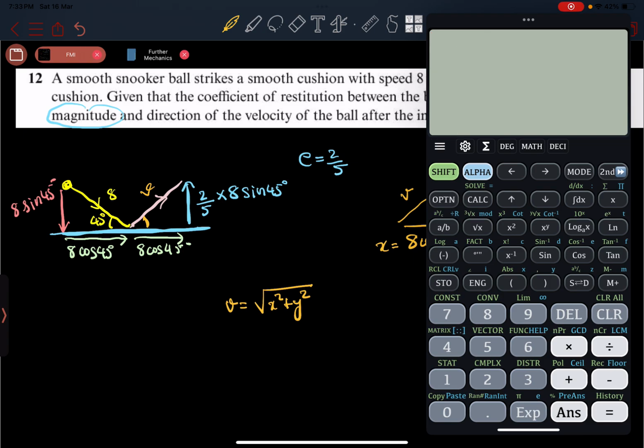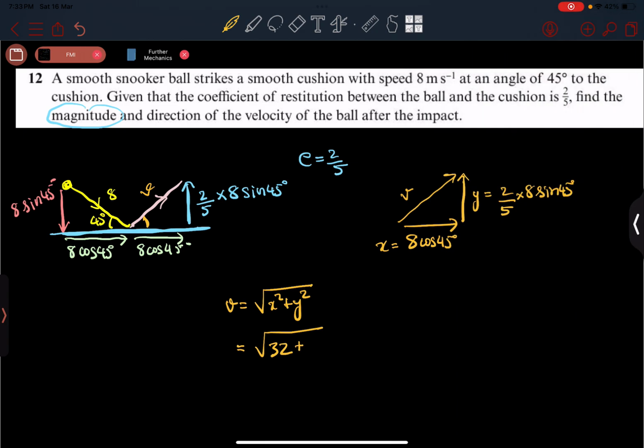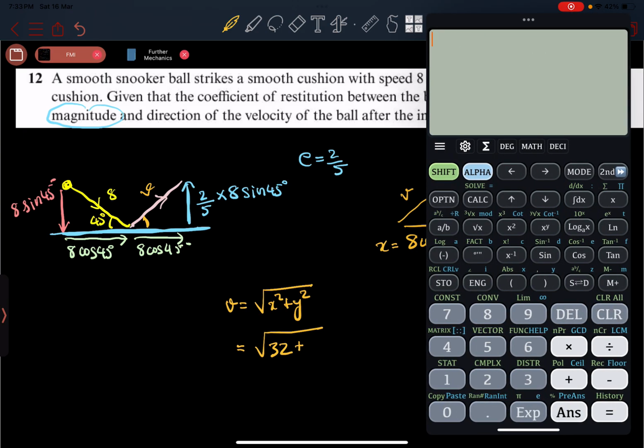Let's find 8 cosine 45, take that and square it. We get 32. So that is the square root of 32 plus, now the y part is 2/5 times 8 times sine 45.